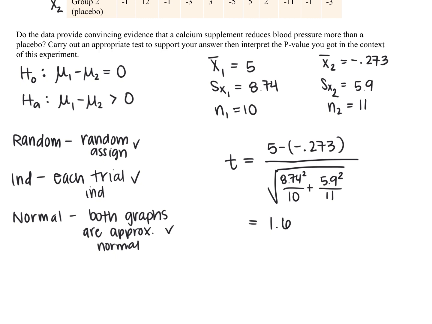So now you can do tcdf, and because we're looking for the difference being greater than 0, our lower bound would be 1.6, the upper bound would be 1E99, and for my degrees of freedom, I use the smaller group's degrees of freedom, which means my degrees of freedom here would be 9. And that is going to give us a p-value of 0.072.